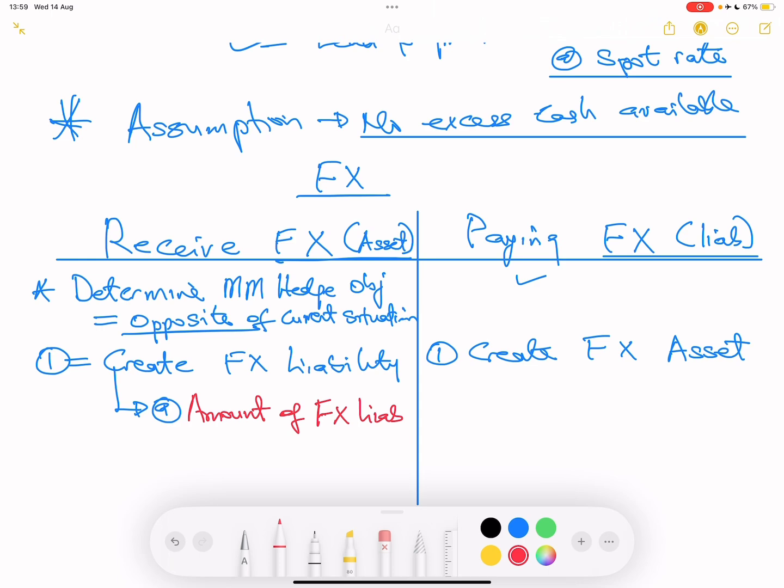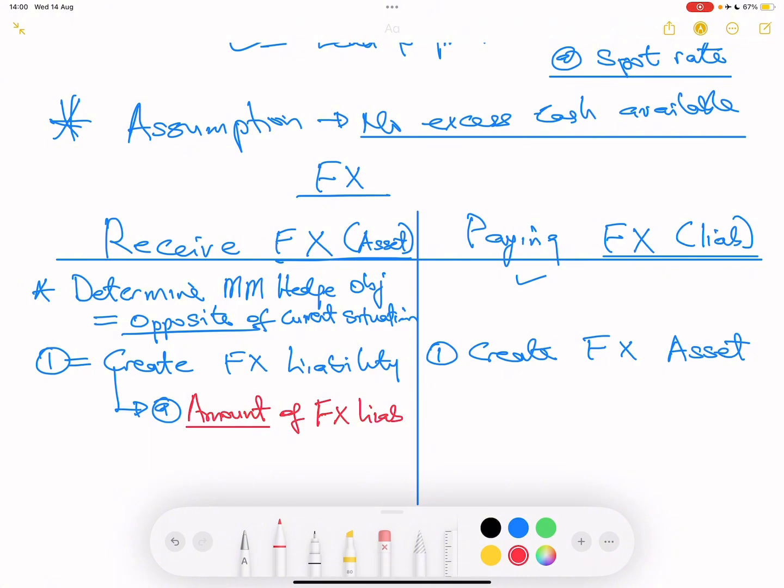And I'm going to show you as we work a question. This amount is very critical. Because the fact that you have an FX asset of $20 million, for instance, doesn't mean that you need to create a 20 million liability. In as much as that is your ultimate goal, the amount that you need to create initially is not always the same amount, because there will be interest accrual, right? So I will work all of that with you. Just take it one step at a time.